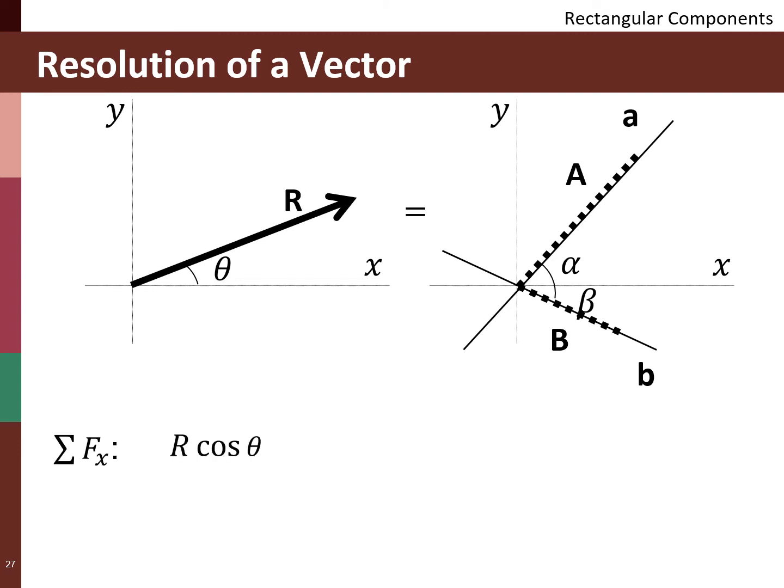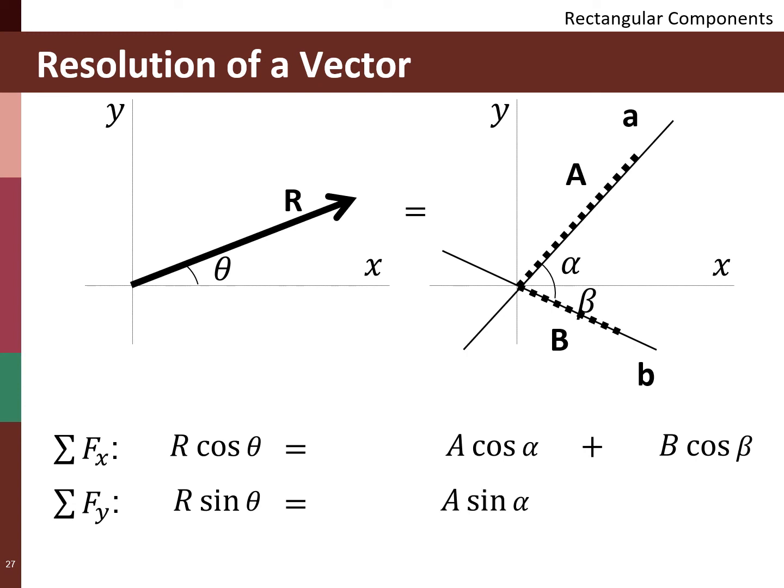The x component of the resultant, R cosine theta, is equal to the x component of A plus the x component of B. Both are positive because they point to the right. The y component of the resultant, R sine theta, is equal to the y component of A minus the y component of B. The unknowns A and B can be solved using these two equations.